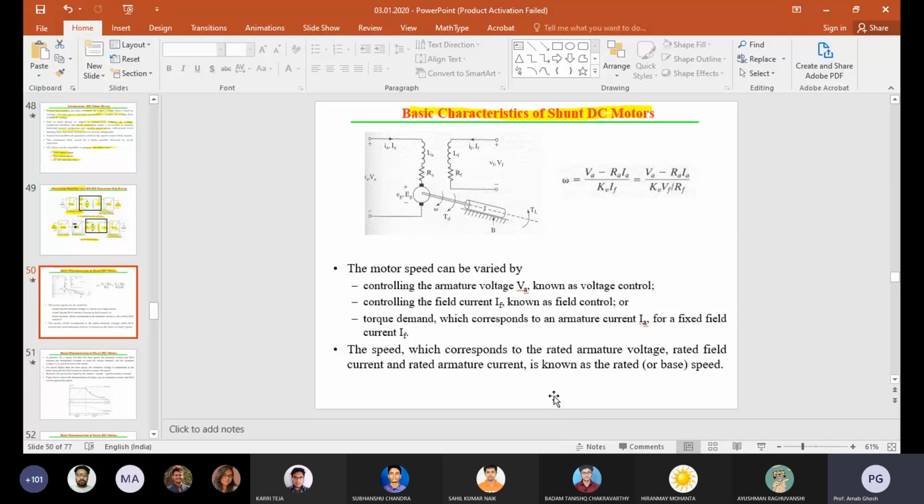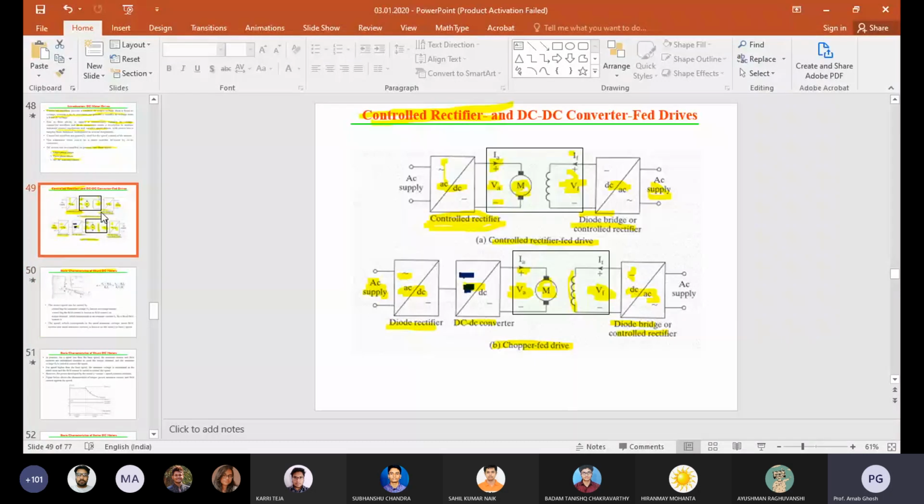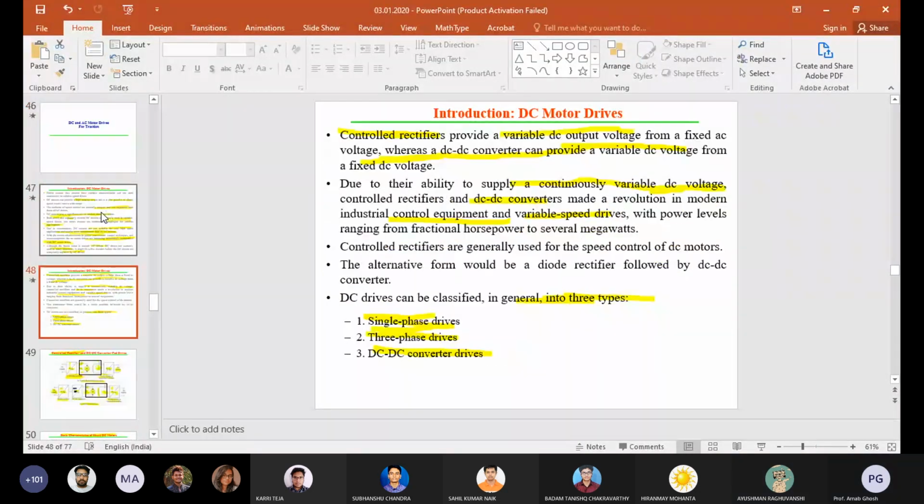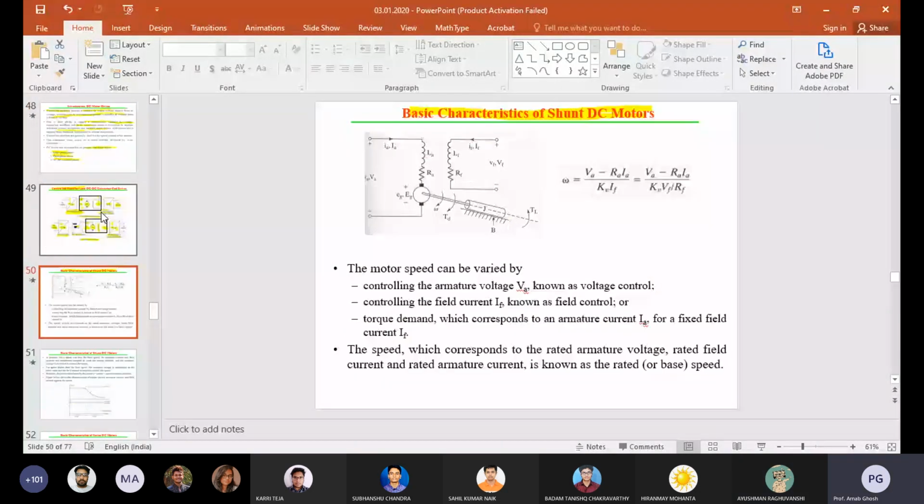Is it visible now? Yes, sir. Okay, now the slide is changing. Is it changing? Yes, sir.